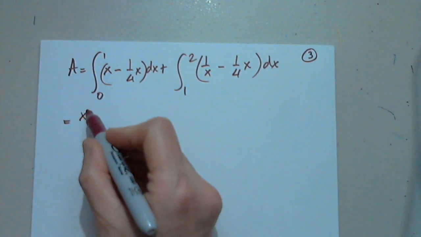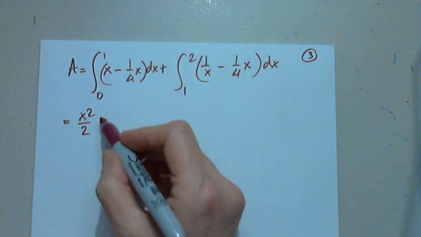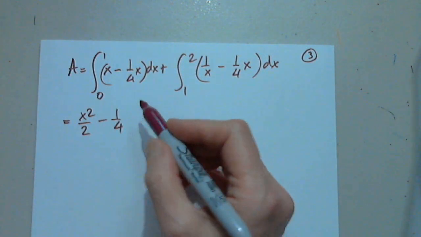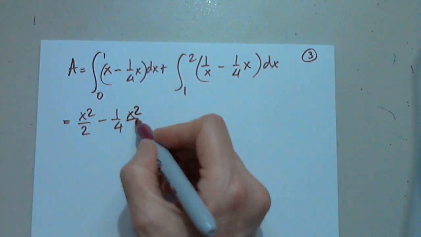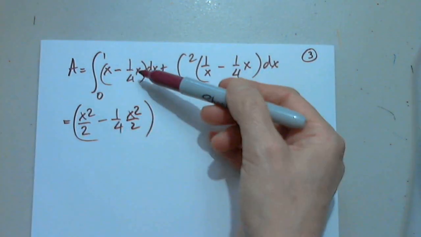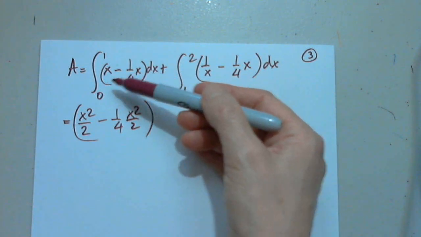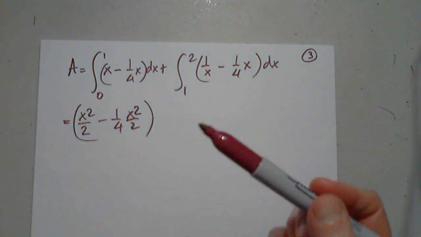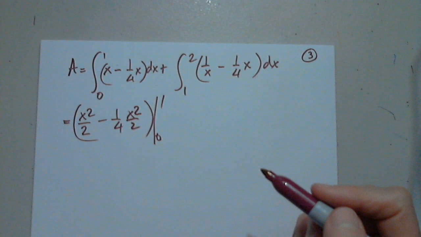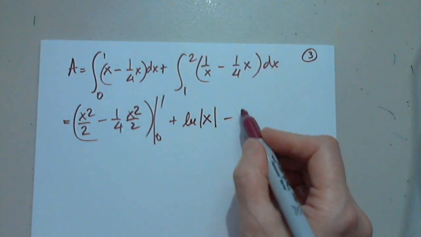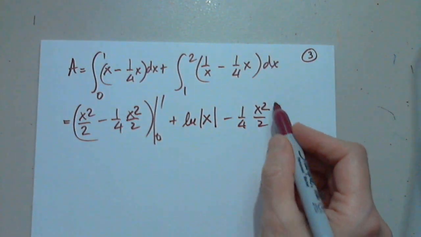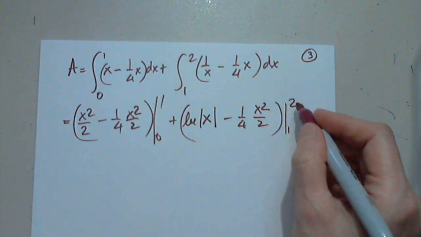So the antiderivative: x squared divided by 2 minus 1/4, better even just write 3/4. I should have written 3/4 already, because x minus 1/4 x is 3/4 x. Same thing. However, between 0 and 1, and then plus, this is natural log of the absolute value of x minus 1/4 x squared divided by 2 between 1 and 2.